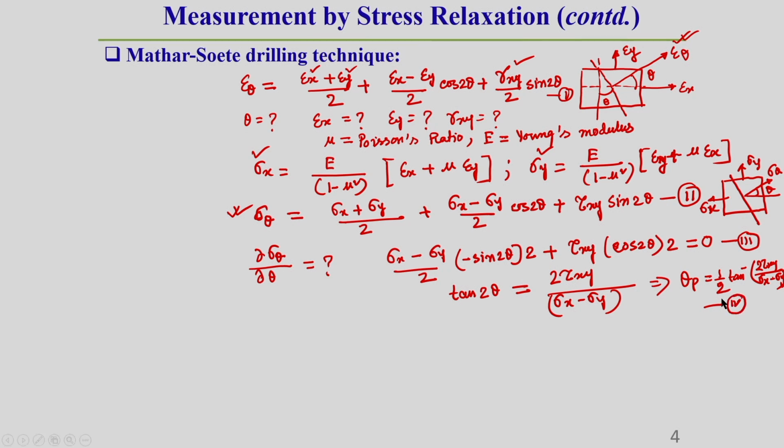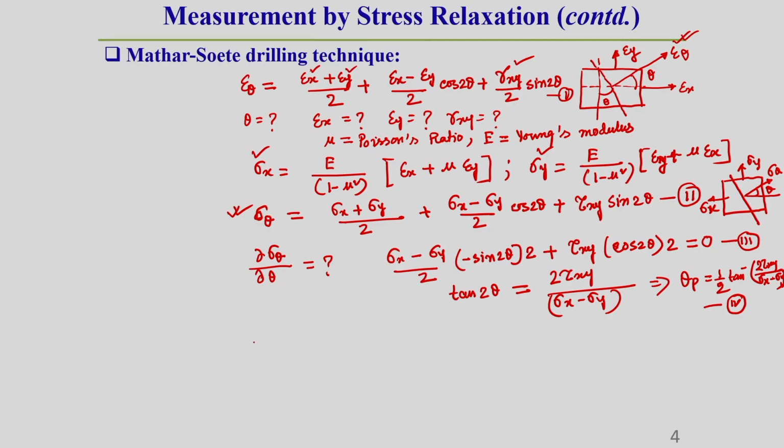So, as I told you, once we can find epsilon x and epsilon y, we can easily find the direction of principal, that means maximum or minimum residual stress. Always keep this in mind: the difference between maximum and minimum stress directions is 90 degrees. Once we know this theta p, we can also easily find the maximum and minimum principal stresses, sigma 1 and 2.